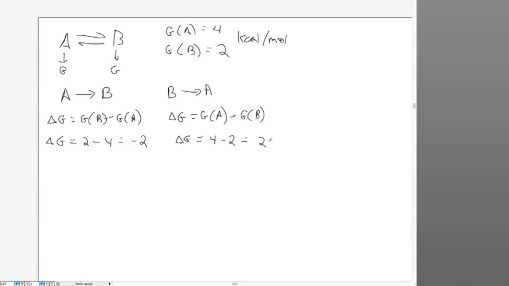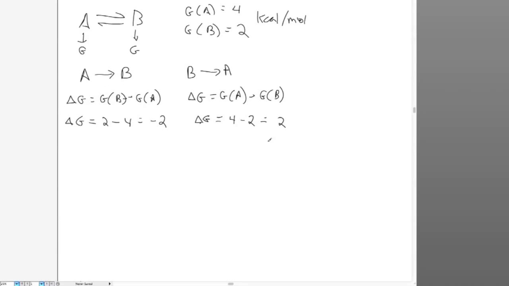Okay, so in any reaction in which the change in free energy is negative, so in this case A going to B, the change in free energy equals a negative value, this is called exergonic. You have to forgive my handwriting, it's quite bad. Exergonic means it's releasing energy. It's going from a state of higher free energy to low free energy, which means, according to the second law of thermodynamics, that this is a favorable reaction.